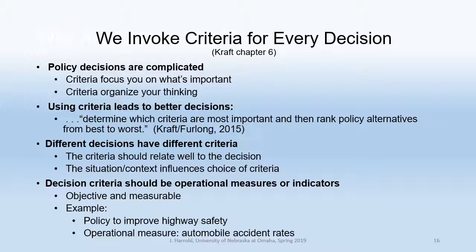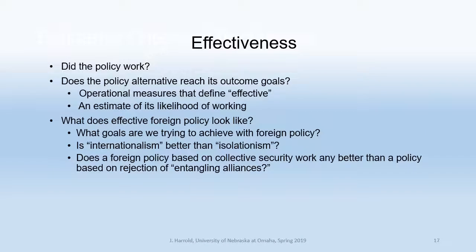And the decision criteria, in any case, really should be demonstrable and measurable, right? Even if you're using more of a standard like equity, how would you show equity? How would you demonstrate the differences in equity between different alternatives that you have for a policy decision? You have to actually be able to demonstrate them.